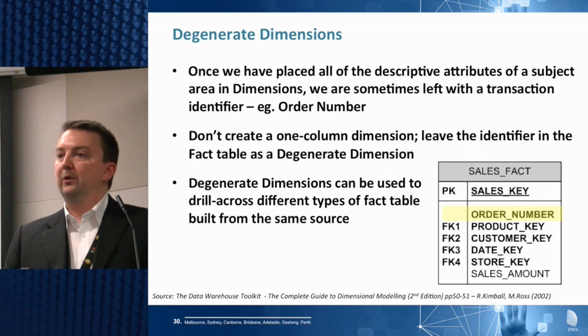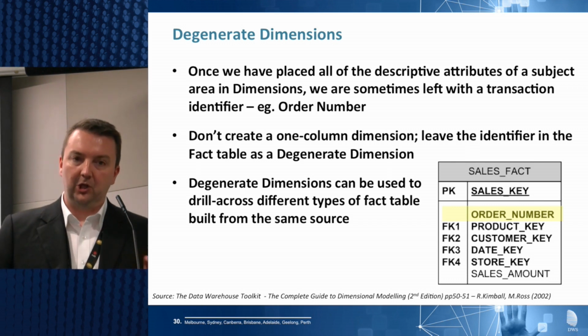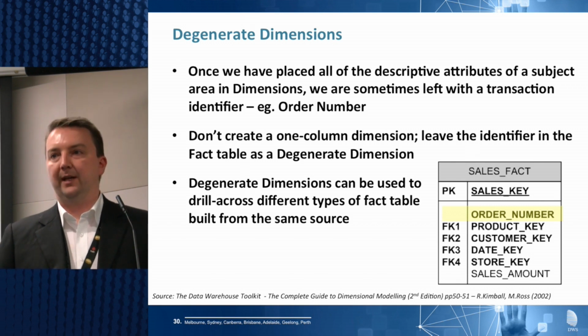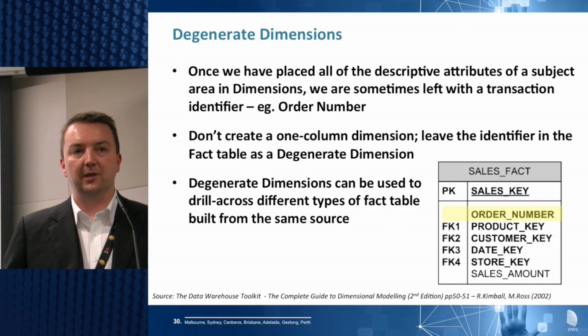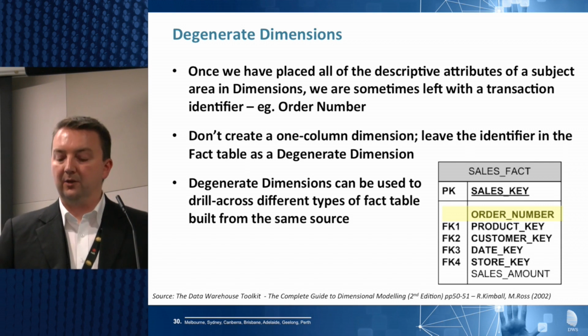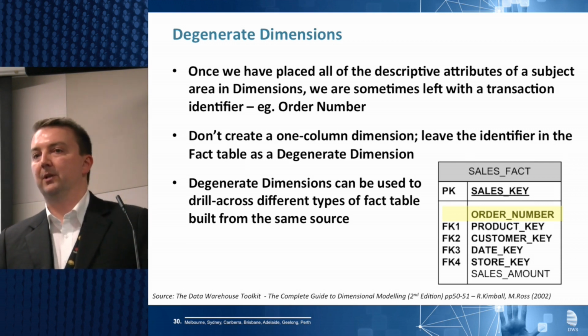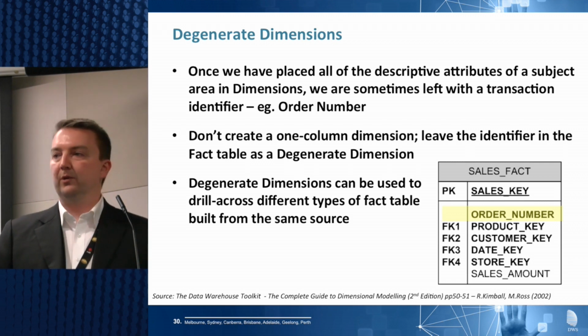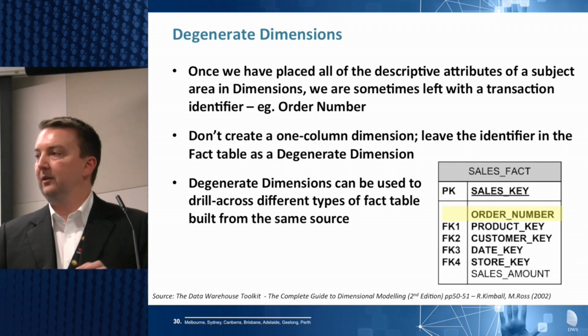I mentioned before, especially with accumulating snapshots and periodic snapshots and transactional type facts, we could have multiple facts on the same business process. Those multiple facts could have the same degenerate dimension. They could all have order number, right? An order number can be used to drill across between different fact tables.